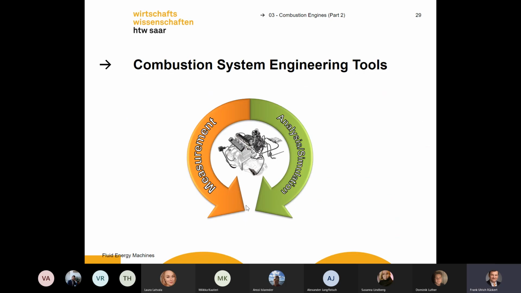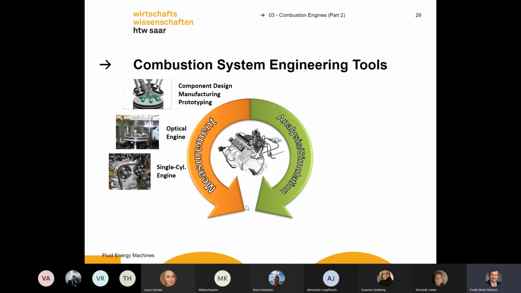Okay, and I also want to mention, going a bit faster, that you have a lot of different engineering tools for measurement. You have, for example, designs with a cut of the spray plumes. You can have optical engines. You can have single-cylinder engines or multi-cylinder engines and make measurements.